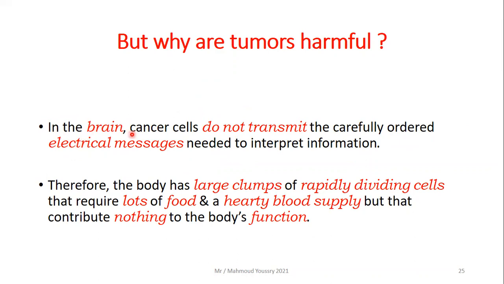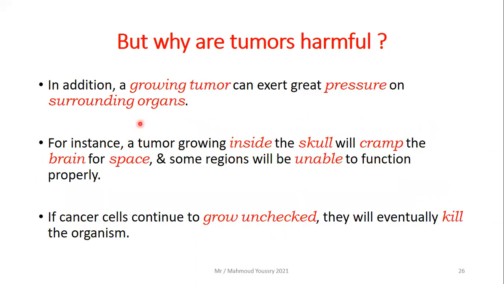In the brain, cancer cells do not transmit the carefully ordered electrical messages needed to interpret information. So the cancer cells do not perform the normal processes of the cell. Therefore, the body has large clumps of rapidly dividing cells that require lots of food and a hearty blood supply, but that contribute nothing to the body's function.